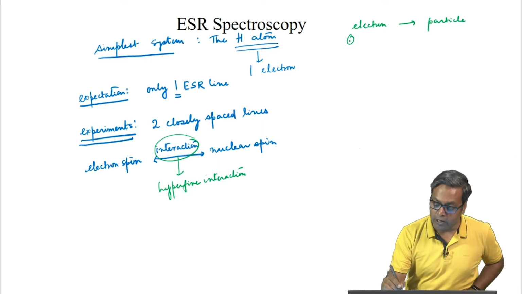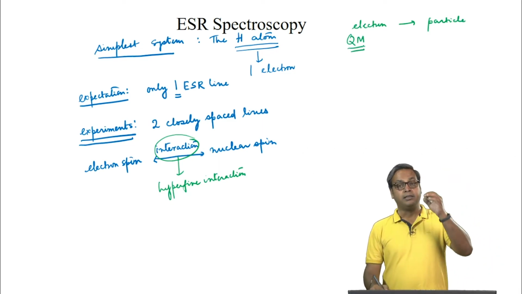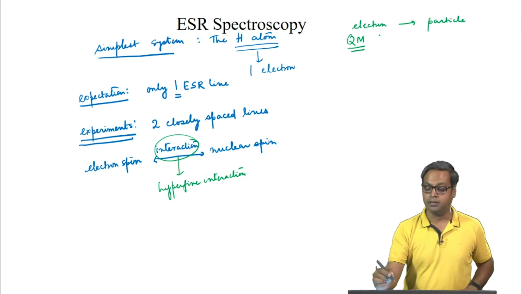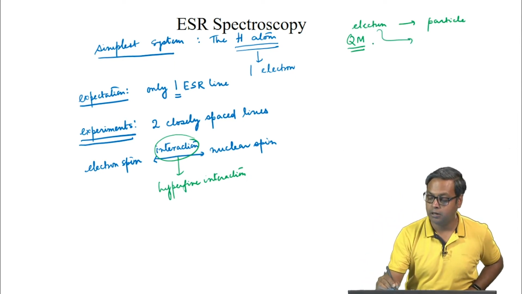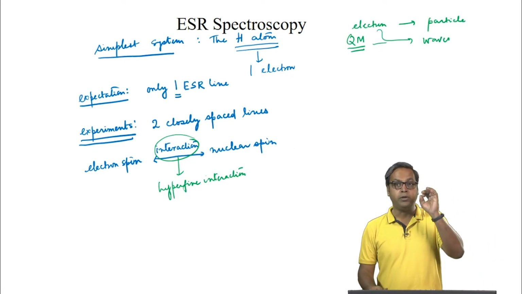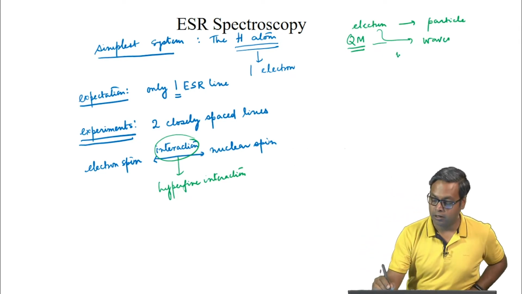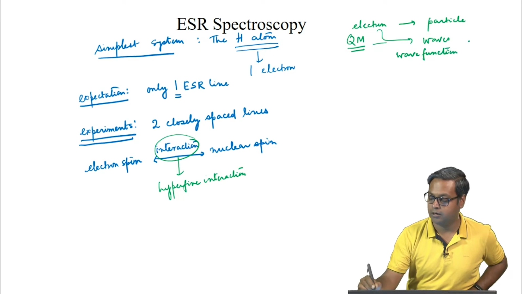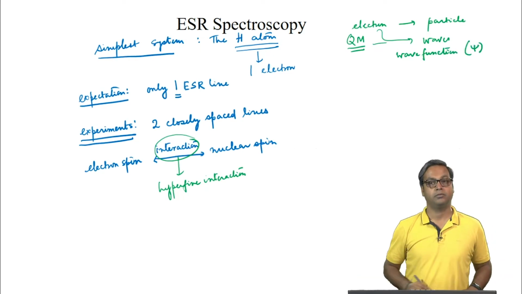But quantum mechanics tells us that electrons can be considered as waves, and these waves can be represented by a wave function, let us say psi.